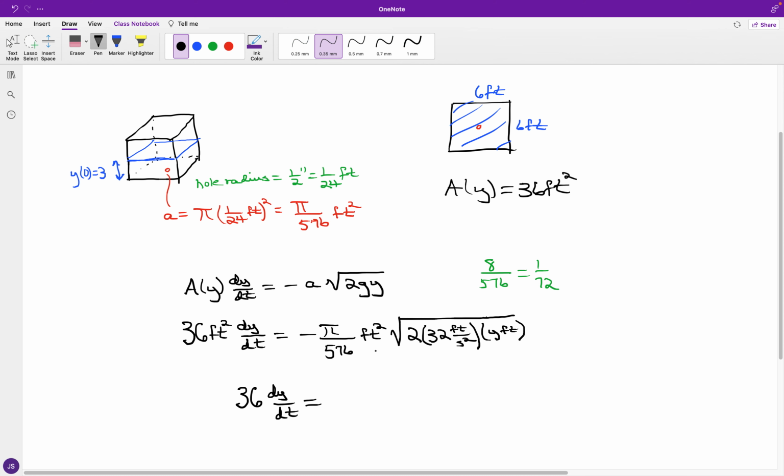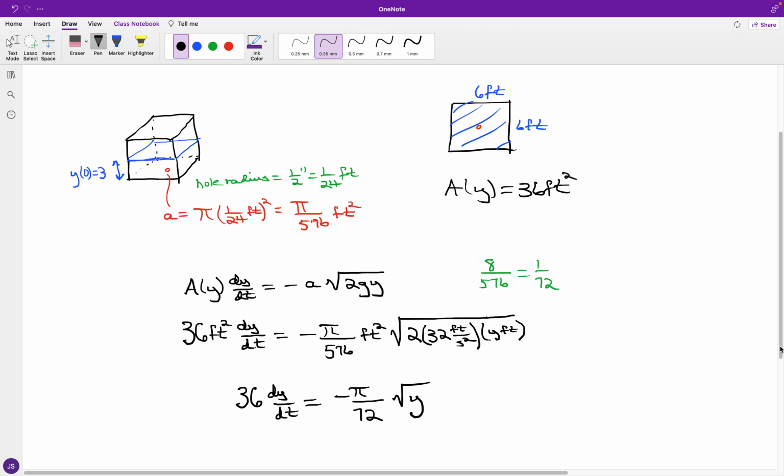So if I simplify, we're going to have negative pi over 72, and we still have that square root of y left over.